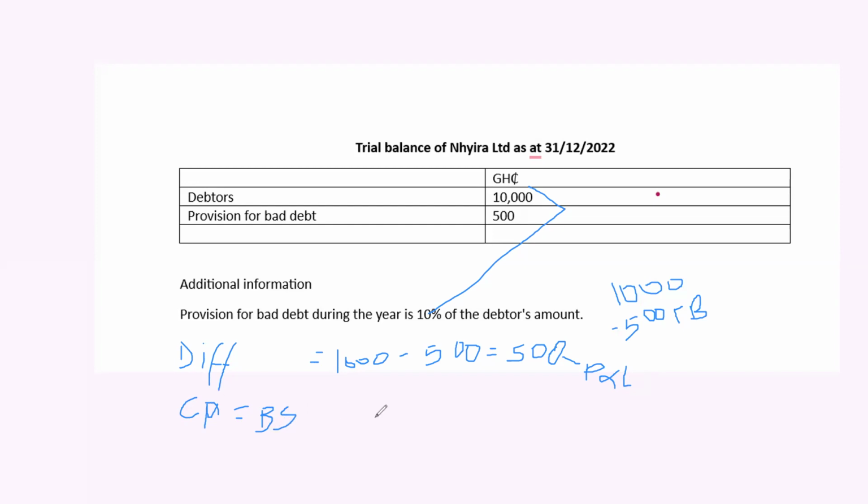So when I go to my balance sheet, debtors are part of our current assets, which has been explained in our provisions video. So as part of my current assets, I have debtors here. Let me represent that by D. And how much is the debtors figure, which is 10,000.